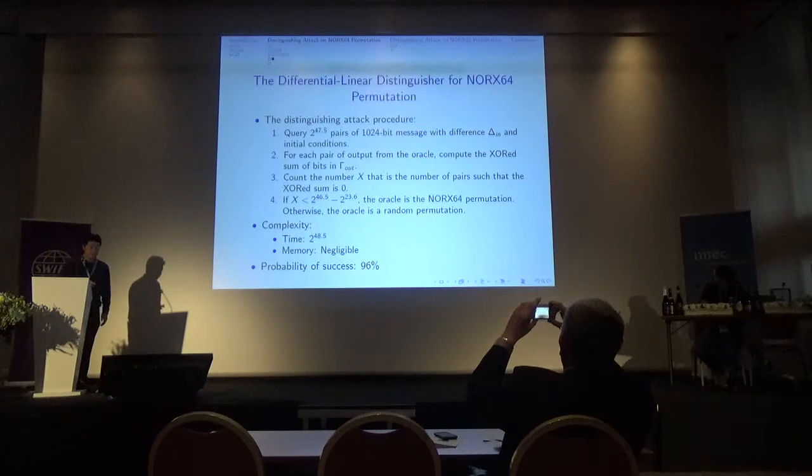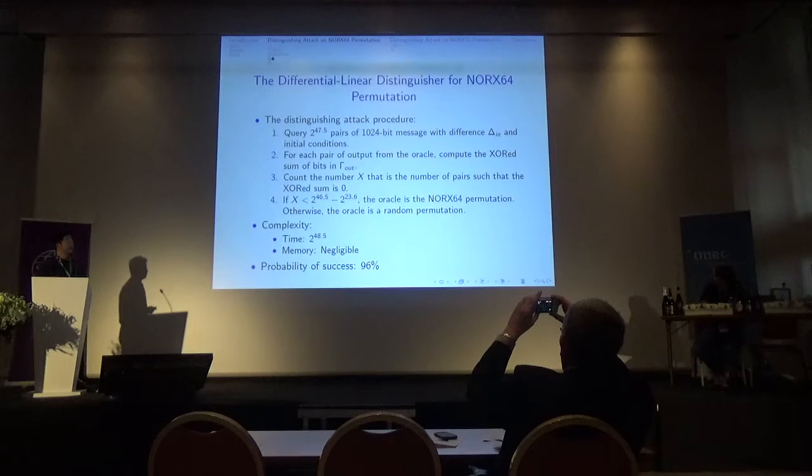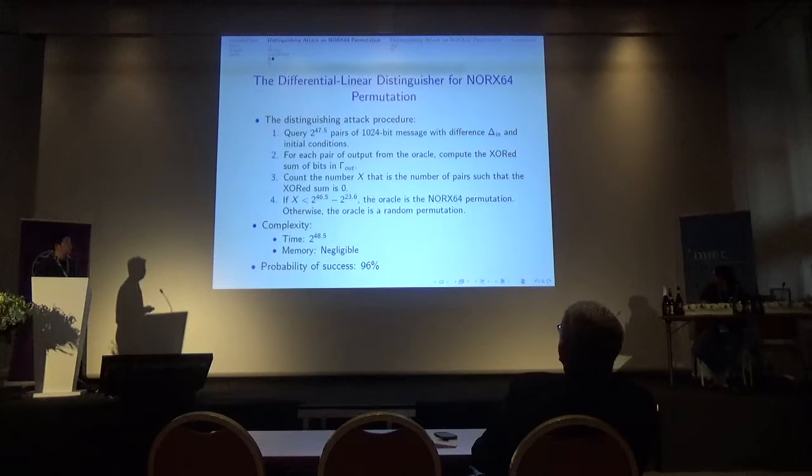Now we are able to present the distinguishing attack. The attack procedure is to first query 2^47.5 pairs of messages, and for each pair of outputs, we compute the parity of the bits in Gamma_out, which is the output linear mask. Then count the number x such that the parity of the output is 0.